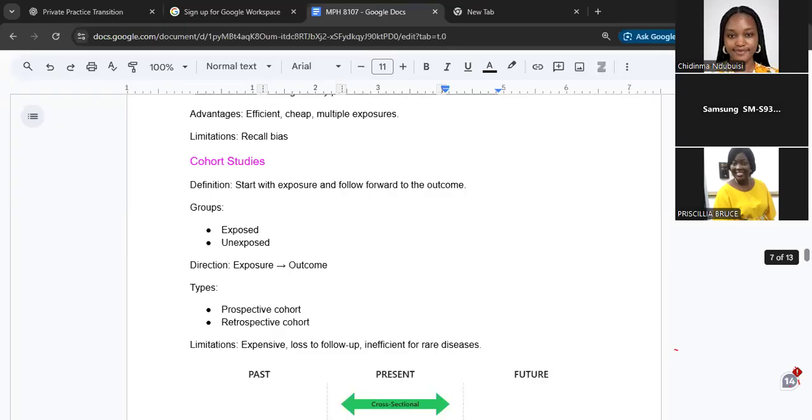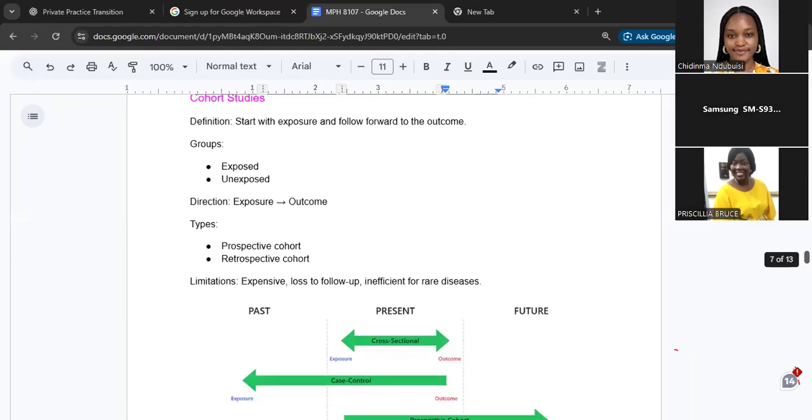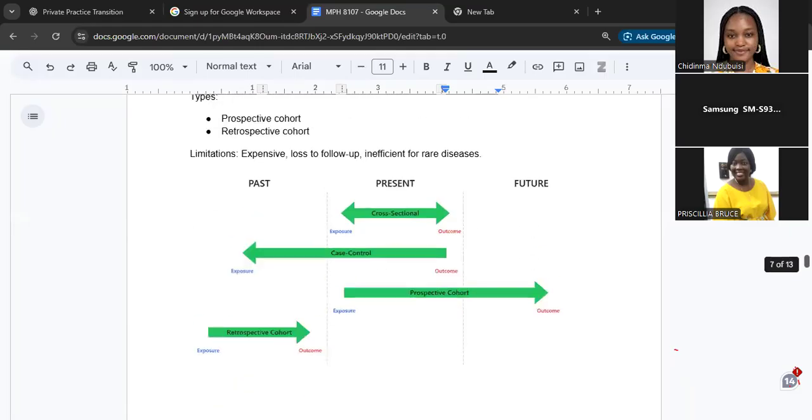Now, there are two main types of cohort study. So I'm going to show us this image. There are two main types of cohort study. It gets a little bit confusing, but we're not going to be confused in this class.